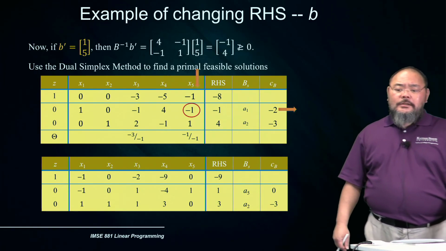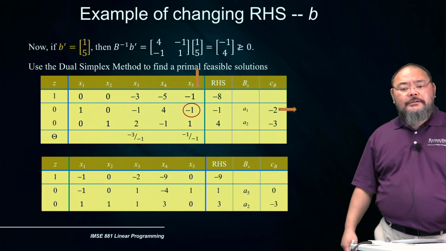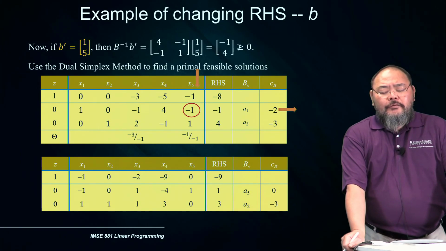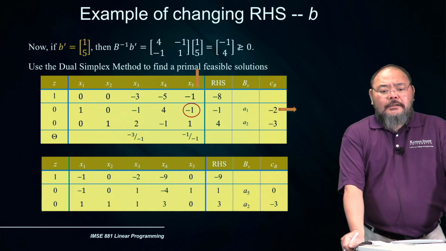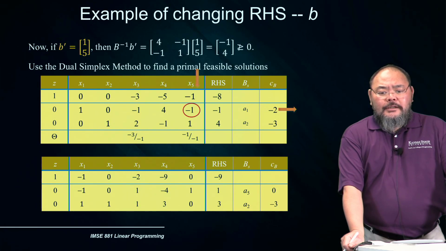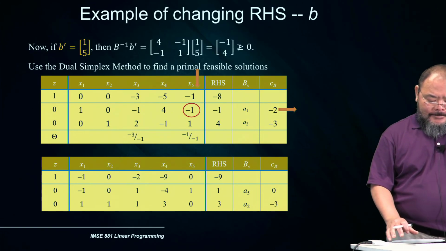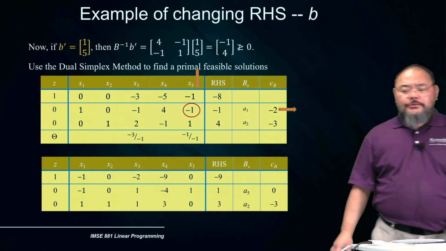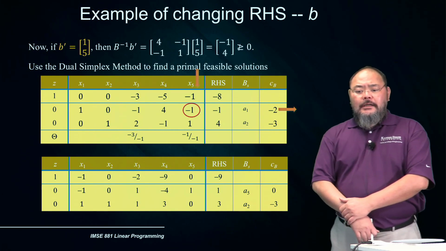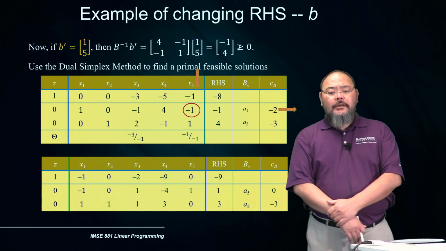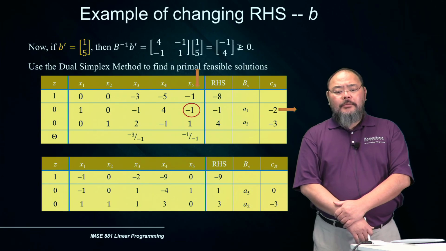So changing the right-hand side is slightly easier to deal with because it only impacts the current basic solution. If the current basic solution maintains non-negativity, then the current tableau is still optimal.